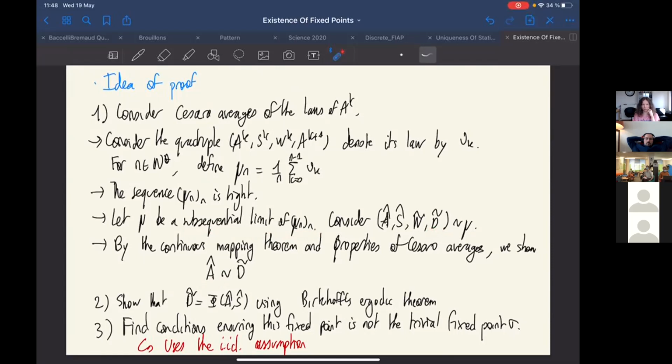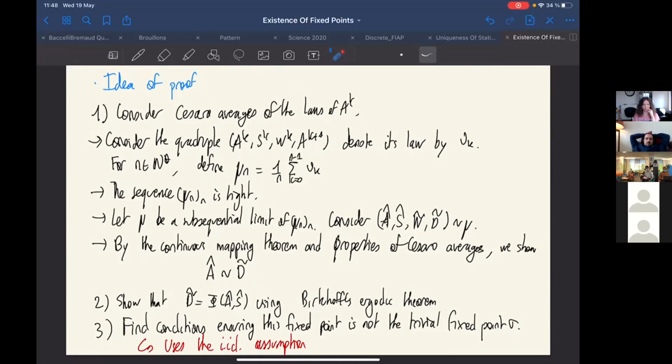So the idea here is that if you look at the Cesaro averages of the laws, if you take a subsequential limit, which you can do because the sequence is tight, so that this limit exists because of this condition, then you have your ideal candidate for the distribution of your fixed point.